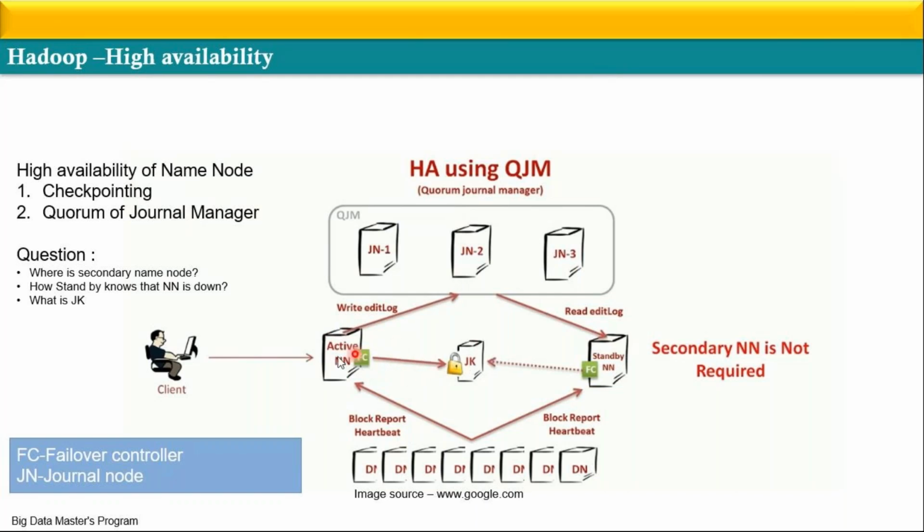Once the active name node is down, it is going to open the switch for the standby name node, and then that name node will be able to communicate with the entire cluster. So that is the quorum of journal managers, and it is going to maintain high availability inside the cluster.